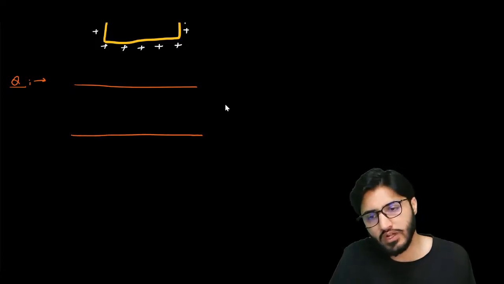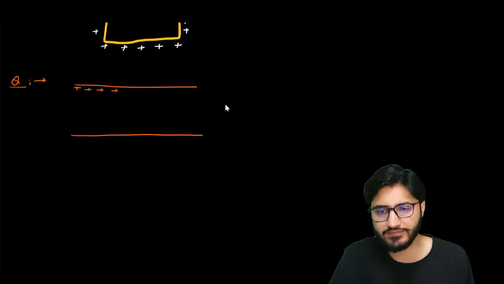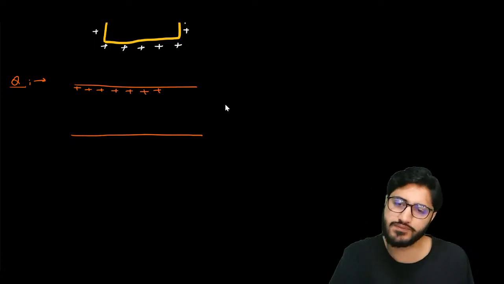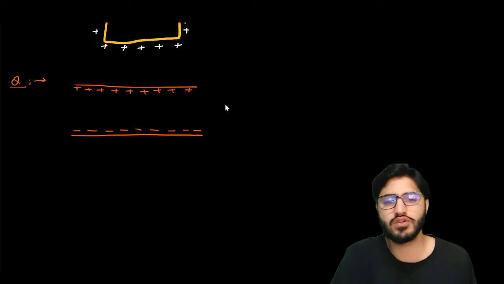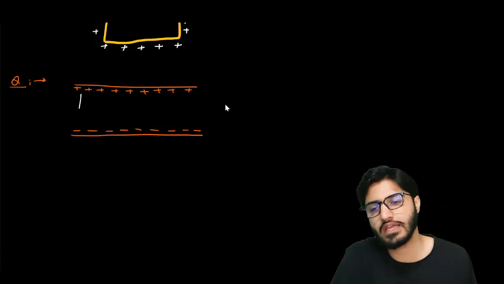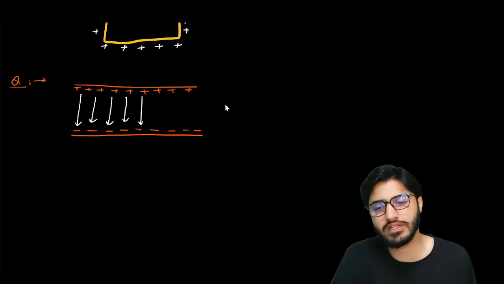On this plate I have positive charge, on this one I have negative charge. Due to this positive and negative charge, I will have electric field lines like this. I guess these white lines show the electric field.